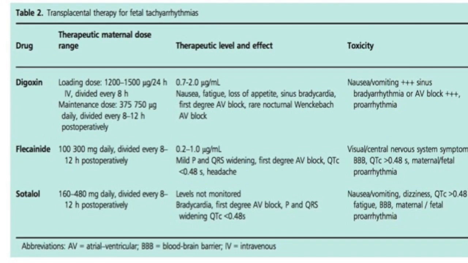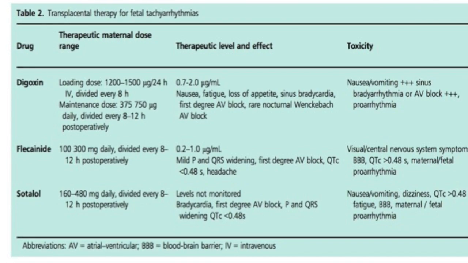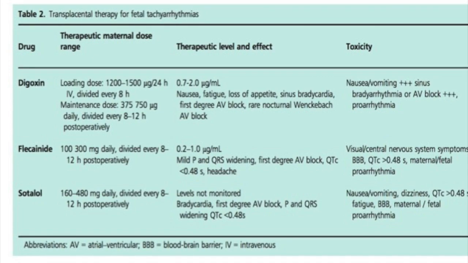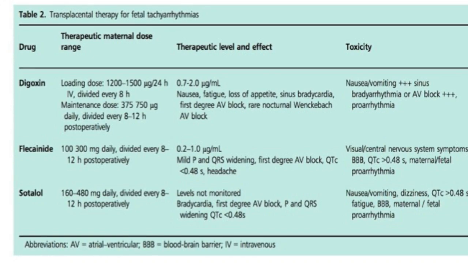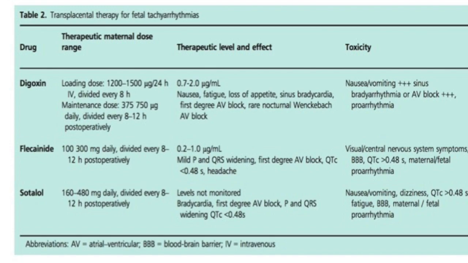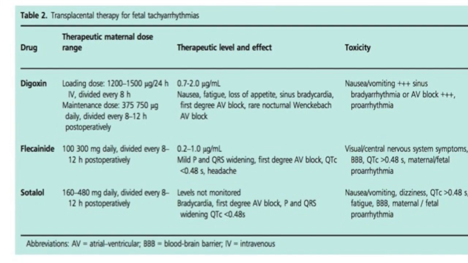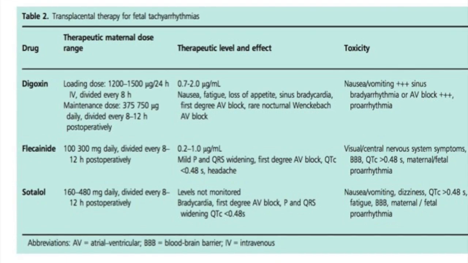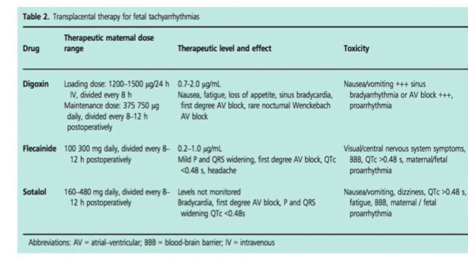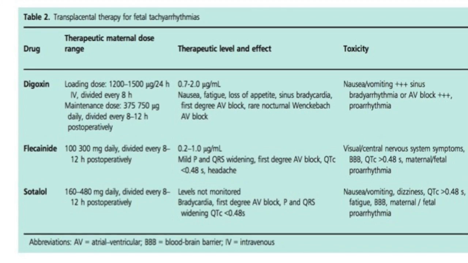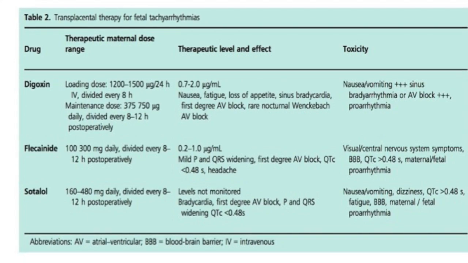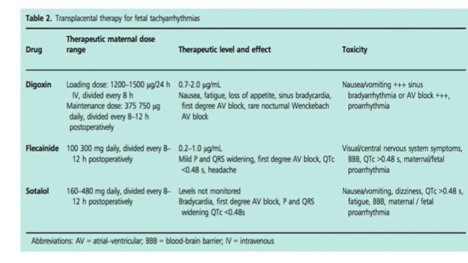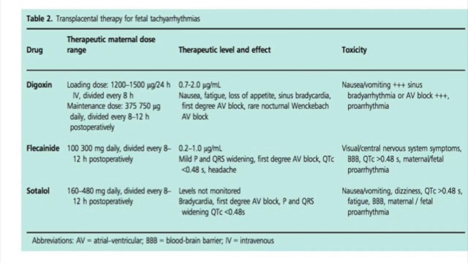Side effects are nausea, fatigue, loss of appetite, sinus bradycardia, first degree AV block, and rare nocturnal ventricular AV block. Toxicity is nausea, vomiting, plus sinus bradyarrhythmias or AV block, proarrhythmias. The next drug is flecainide, 100 to 300 milligrams daily, divided every 8 to 12 hours post-operatively. 0.2 to 1.0 micrograms per milliliter is the therapeutic level.